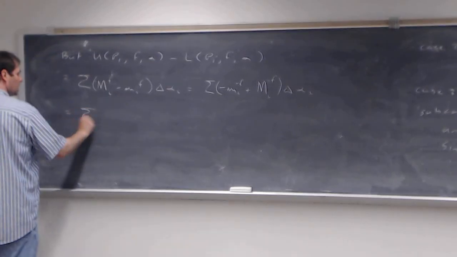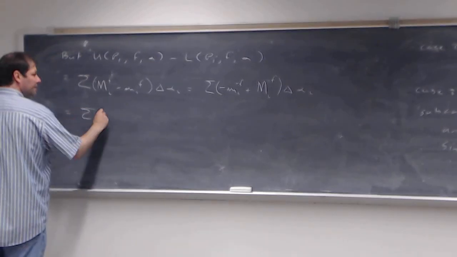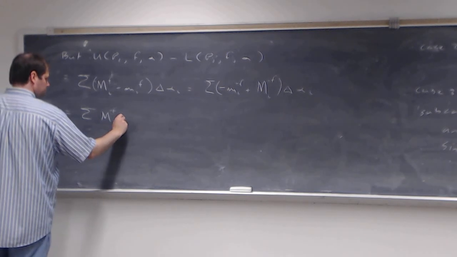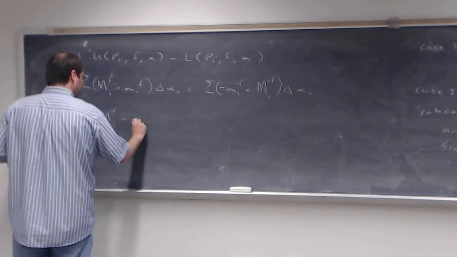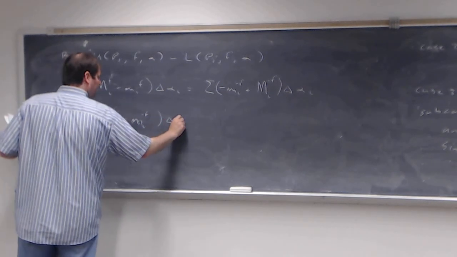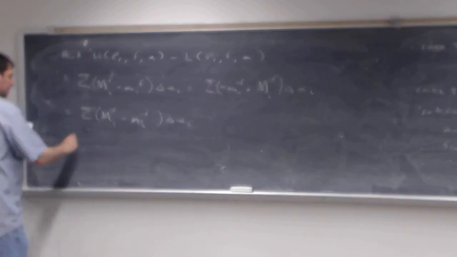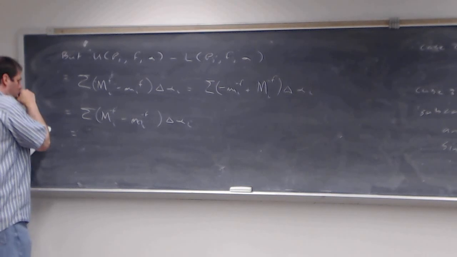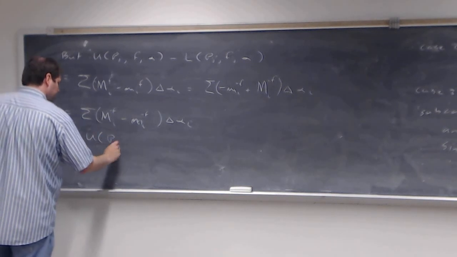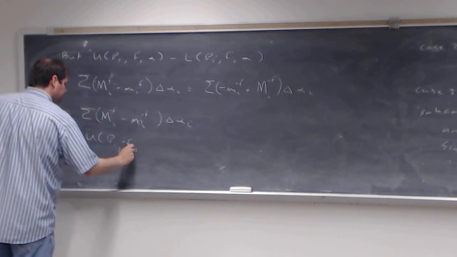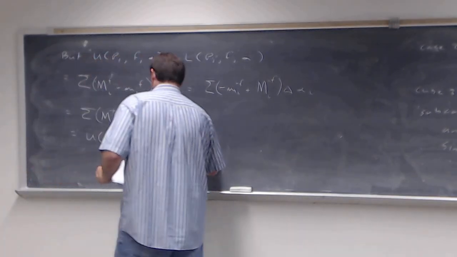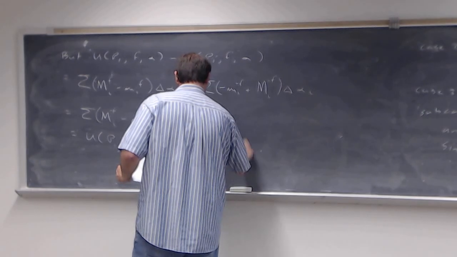And that's equal to the sum, remember it's the sum as i runs from 1 to n, of the big M sub i's of minus f minus the little m sub i of minus f times the Δα sub i's. And hopefully we can recognize that this is nothing more than the upper sum with the partition of minus f and α minus the lower sum of the partition of minus f and α.